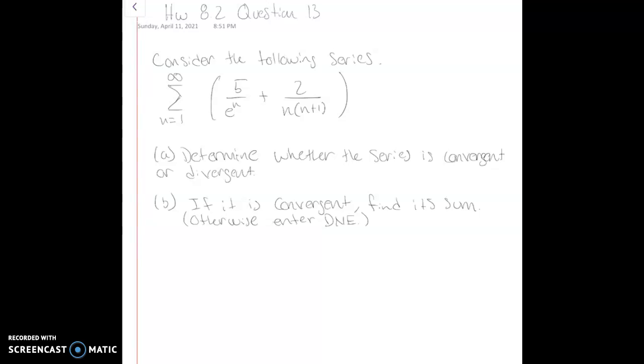So, to start it off, we have to decompose by taking out 5 and 2, which would be 5 times the sum n equals 1 to infinity of 1 over e to the n, plus 2 times the sum n equals 1 to infinity of 1 over n times n plus 1.